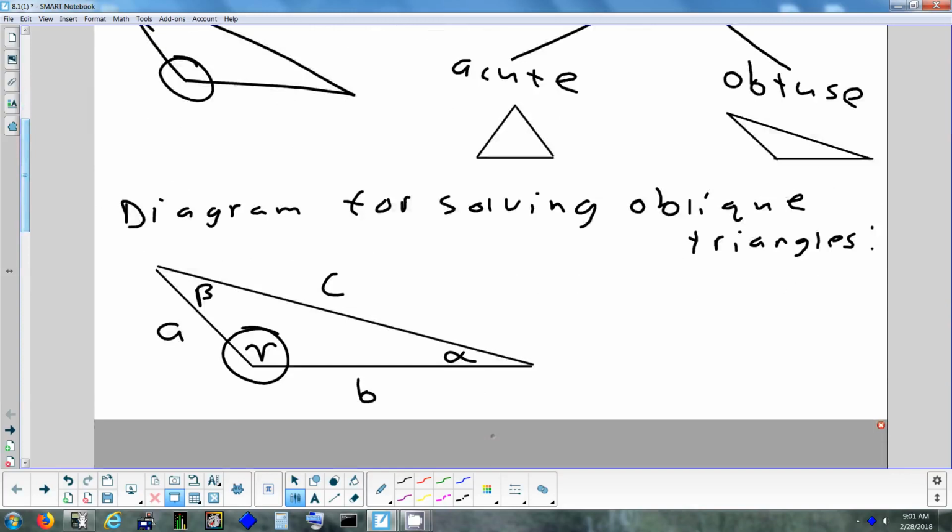And does anybody know what that Greek letter I just circled is called? That's called gamma. G-A-M-M-A. Gamma. So sketch your triangle, whatever scale you want to use, just keep A across from alpha, B across from beta, and keep C across from gamma. That's what's important.